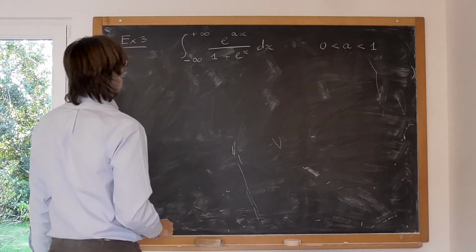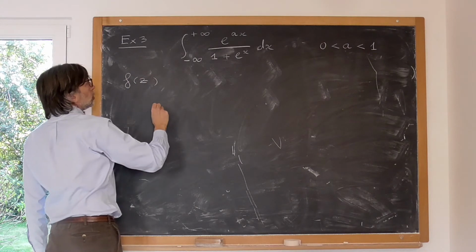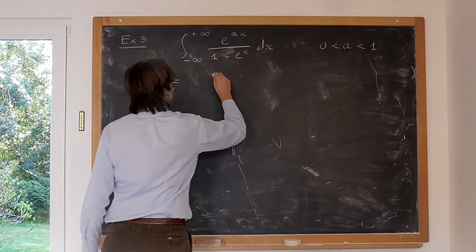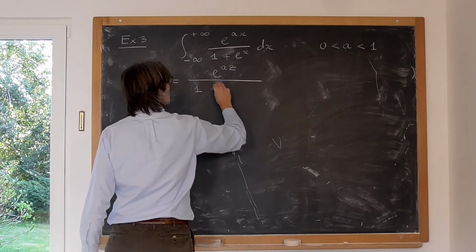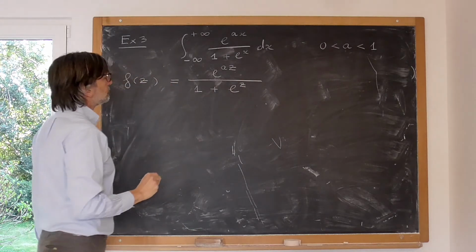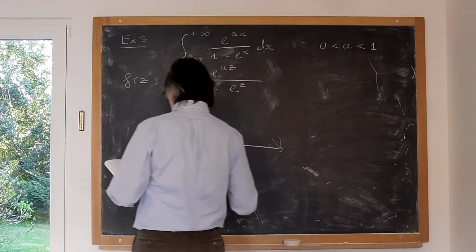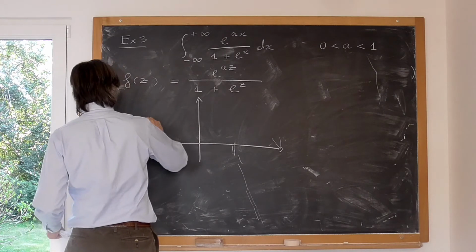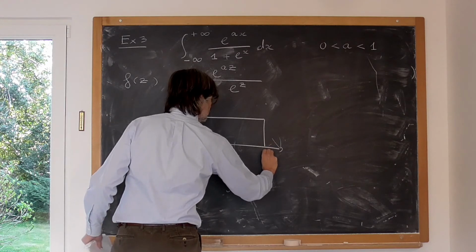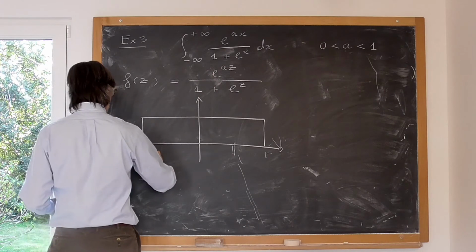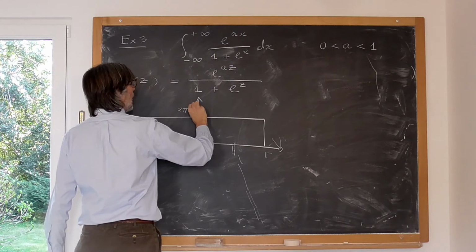And now to compute this integral, we want to look again at the holomorphic function f of z equals e to the a z divided by 1 plus e to the z, and we will integrate this function on a contour which is a rectangle of width 2r, so this goes from r, and here we have minus r, but here the height is just 2 pi.